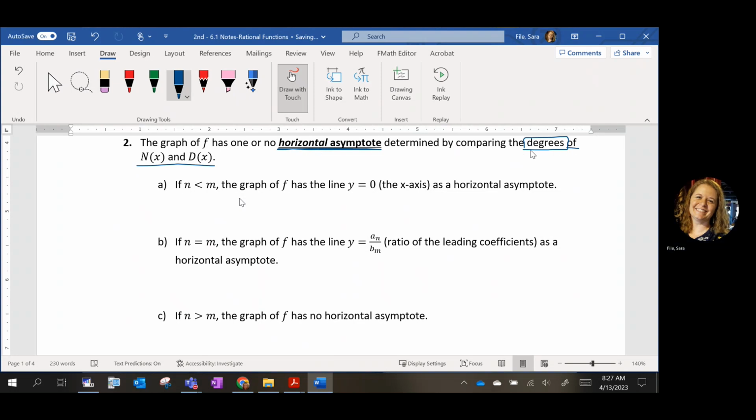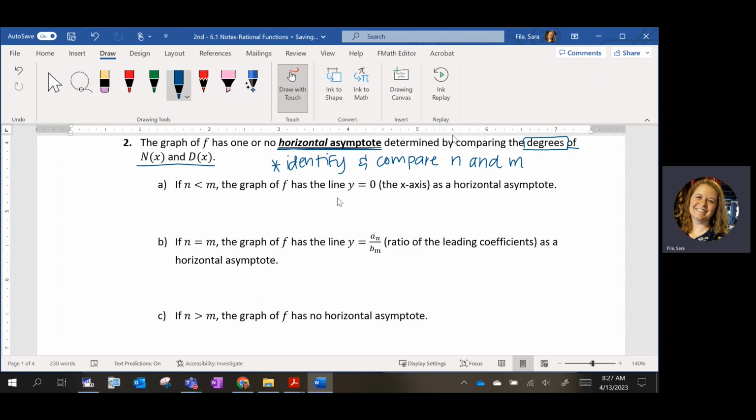So we're going to identify and compare N and M to find where the horizontal asymptote is. And it says right here, it has one or no horizontal asymptote. There will not be more than one. Vertical asymptotes, you can have more than one. Horizontal asymptotes, one is the most you can have.